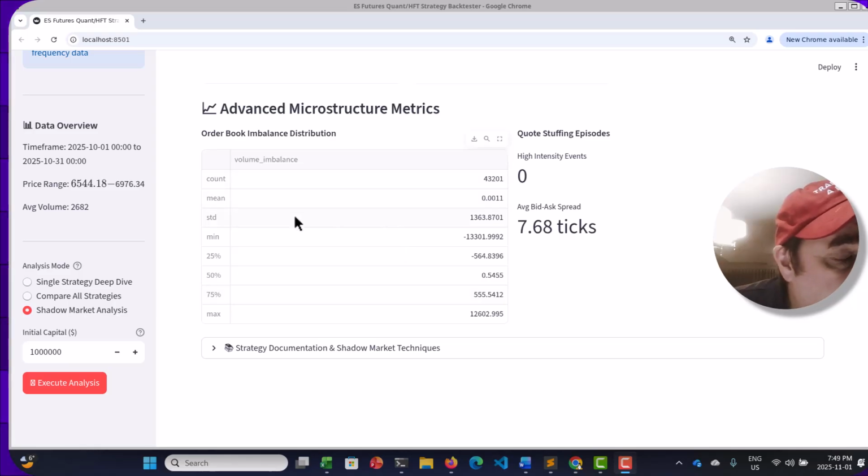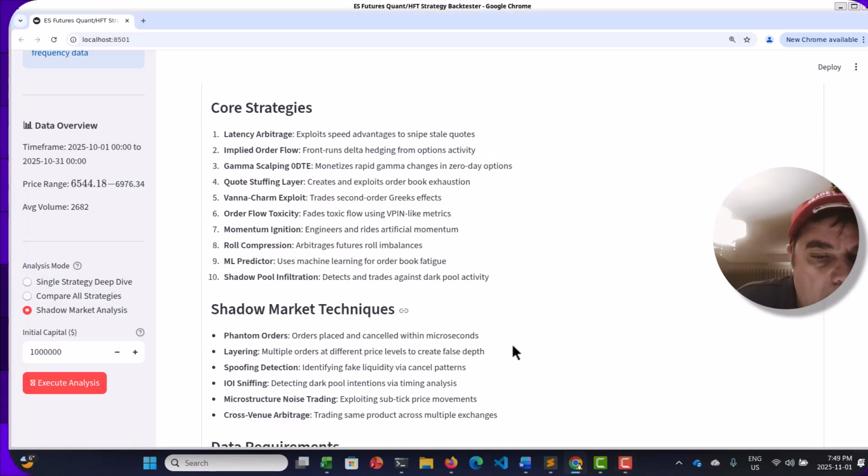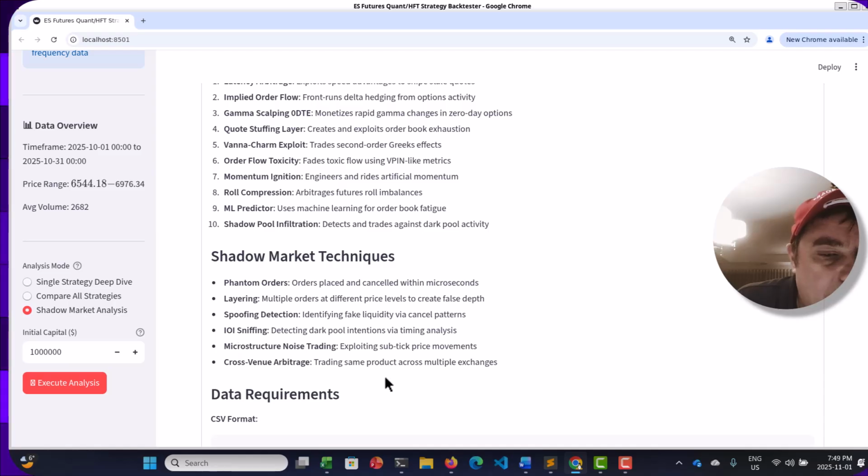Again, I don't know what's hallucinated or not. Order balance distribution, statistical quote stuffing, average bid ask spread 7.686, and these are the different shadow market techniques we're looking at.